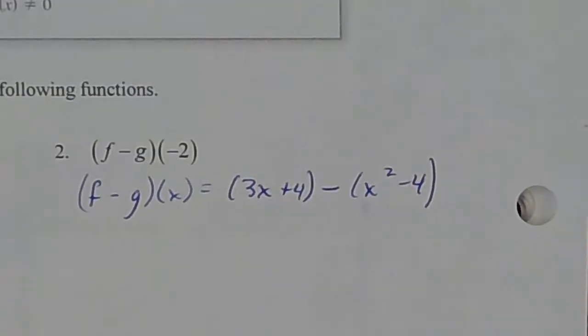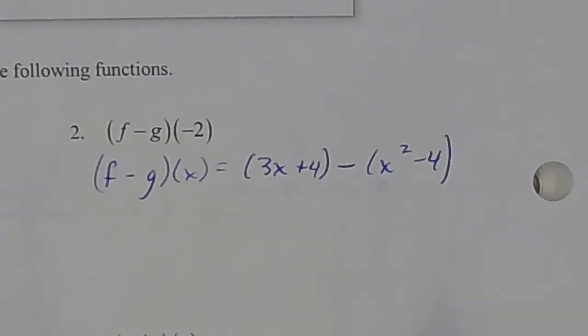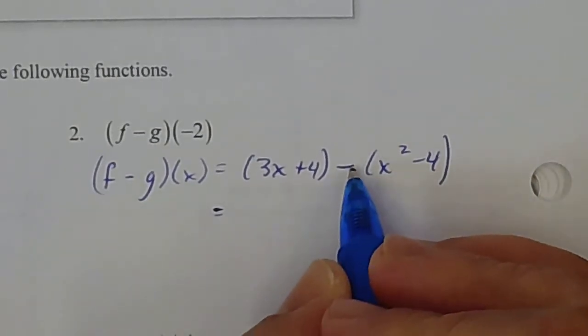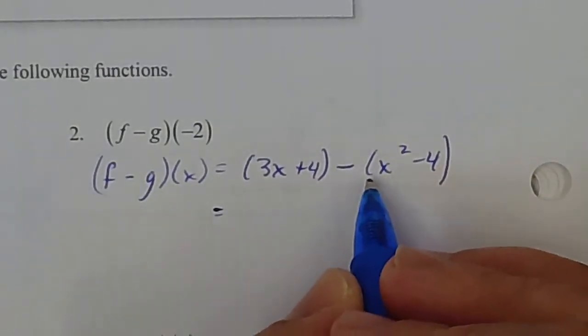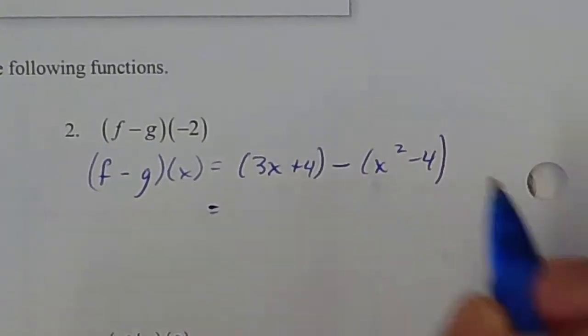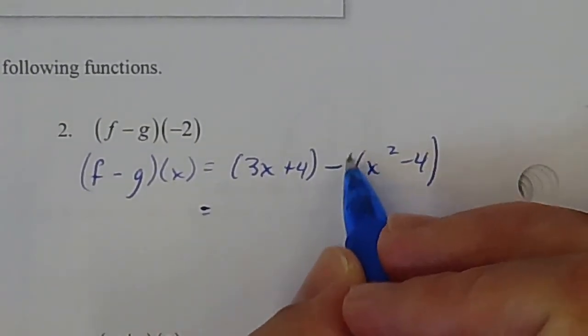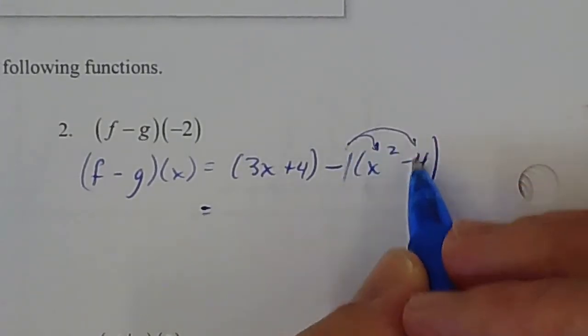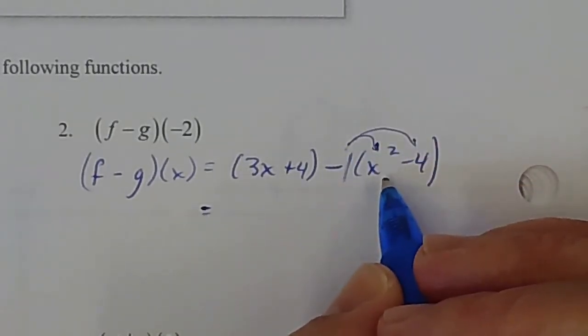A lot of students will make the mistake right here on this next step. You have a minus sign outside of parentheses. That means we have to subtract everything in the parentheses. Or some students like to take care of it this way.